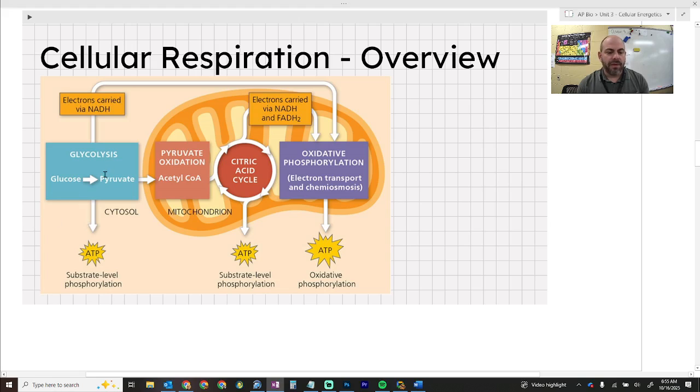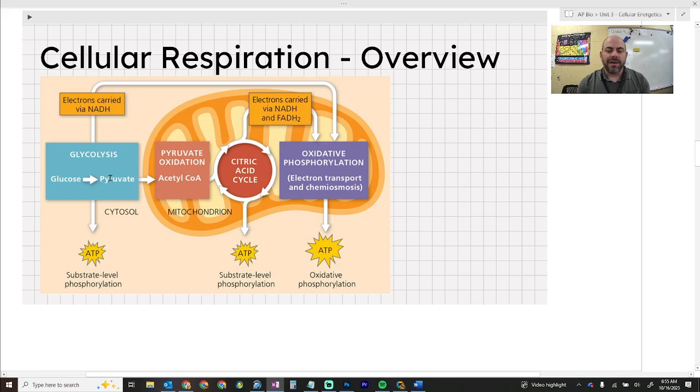This pyruvate is the star of glycolysis. This happens out in the cytosol, which is outside the mitochondria, inside the cell membrane, not in the nucleus. That's a pretty specific place. All living things do glycolysis. It's one of those conserved processes that link all living things together.